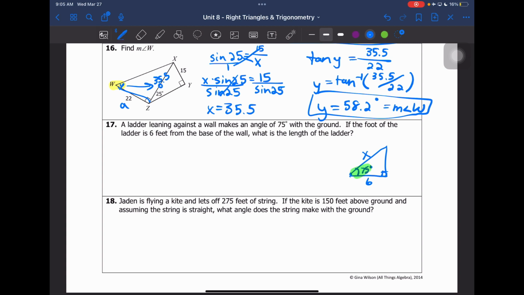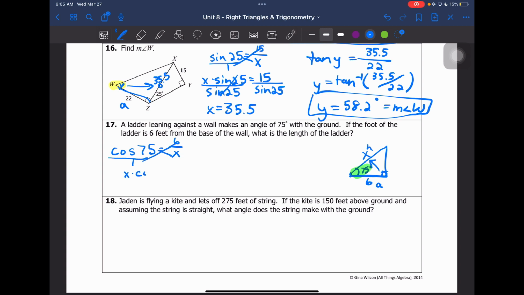This 75 degrees makes this 6 an adjacent leg, and then the ladder is my hypotenuse. So because I have adjacent and hypotenuse, I'm going to use cosine. I can say cosine of 75 is equal to 6 over x. Then I just need to solve this.